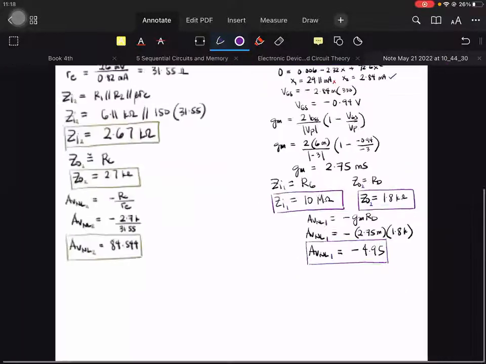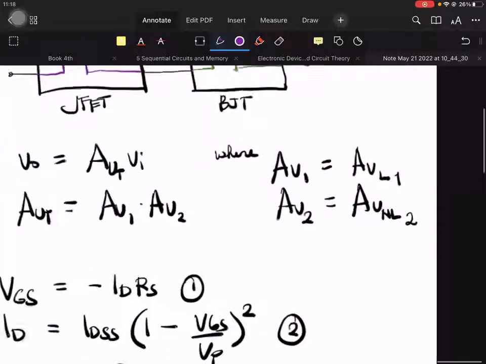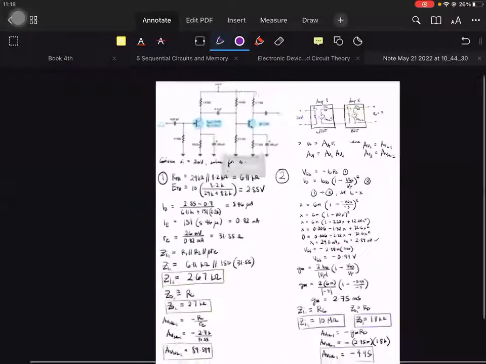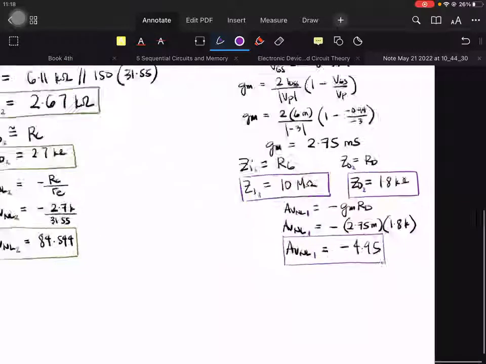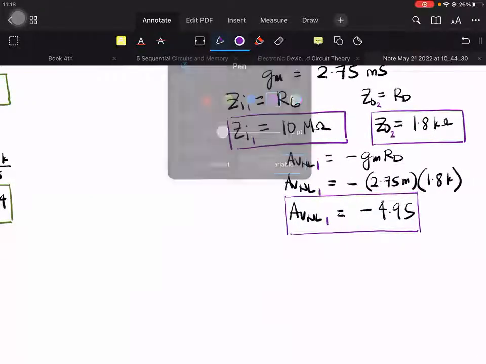So should we stop here? As for the voltage gain of the first amplifier, it should be AVL1, the loaded gain, because the load of amplifier 1 is the input impedance of amplifier 2.